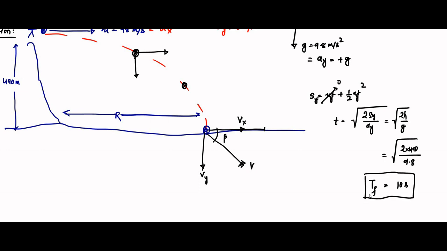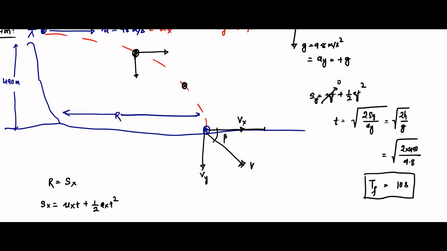Now, horizontal range is simply equal to Sx, which is the net horizontal displacement. Now again, from this equation we can write Sx is equal to ux t plus half ax t square.